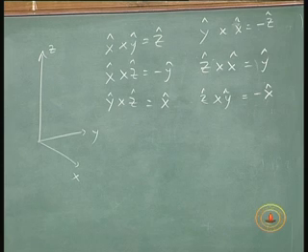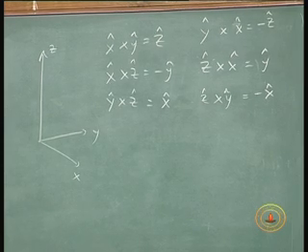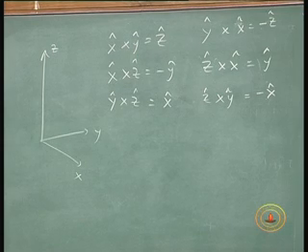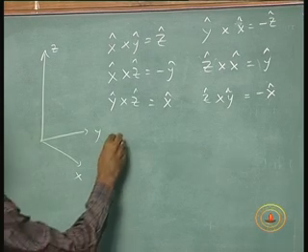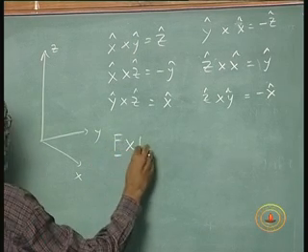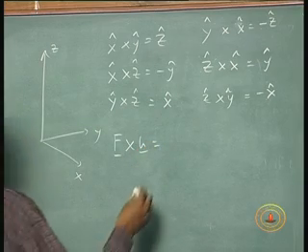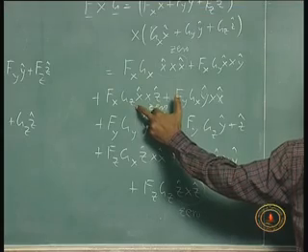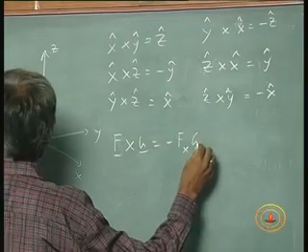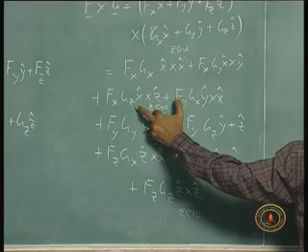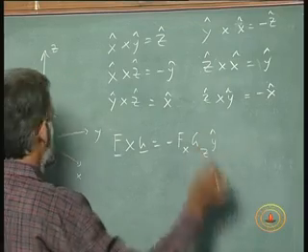So, let us write out these terms. When you write out these terms, what you get is f cross g is equal to minus f x g z along the y hat direction.